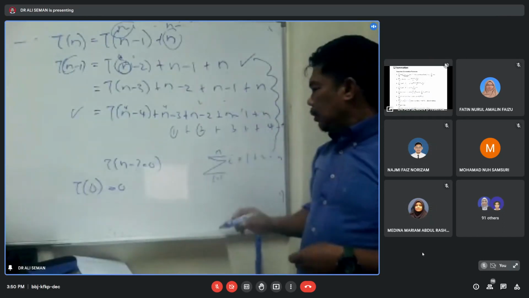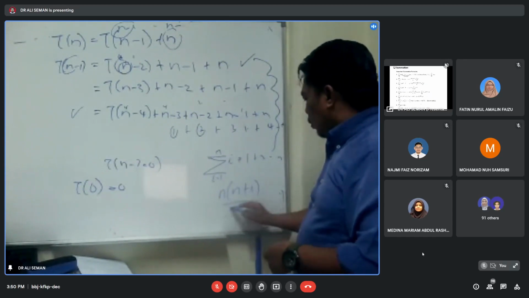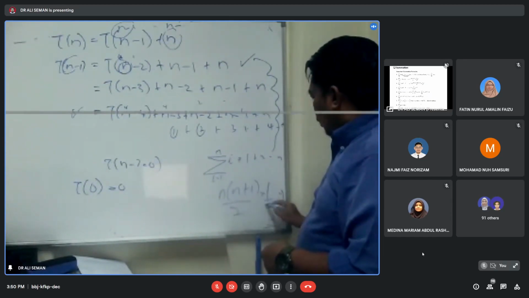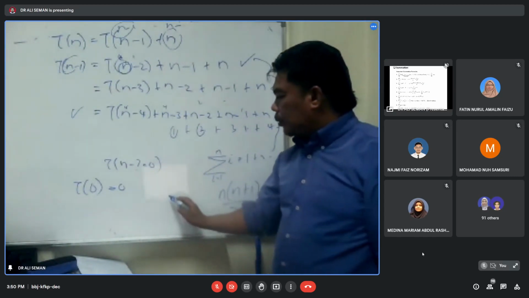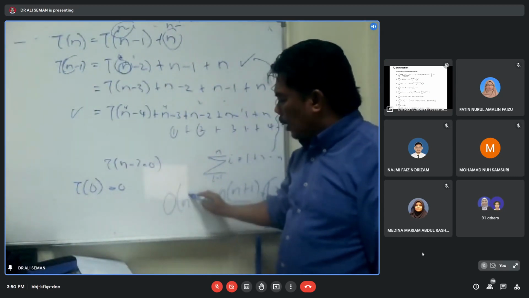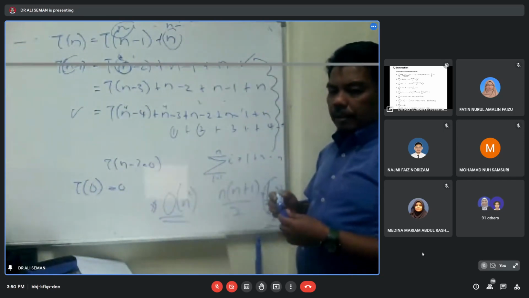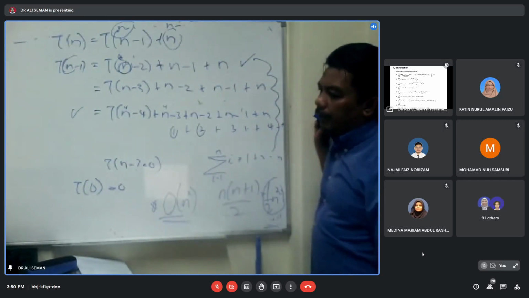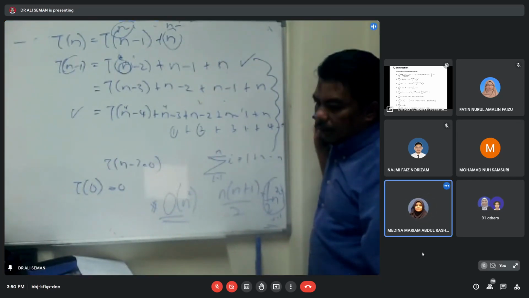Jadi equal to n times n plus 1 over 2, or half n squared. This actually, so we can conclude as O n squared. The pattern here. Boleh faham? Okey. Boleh ke tak?